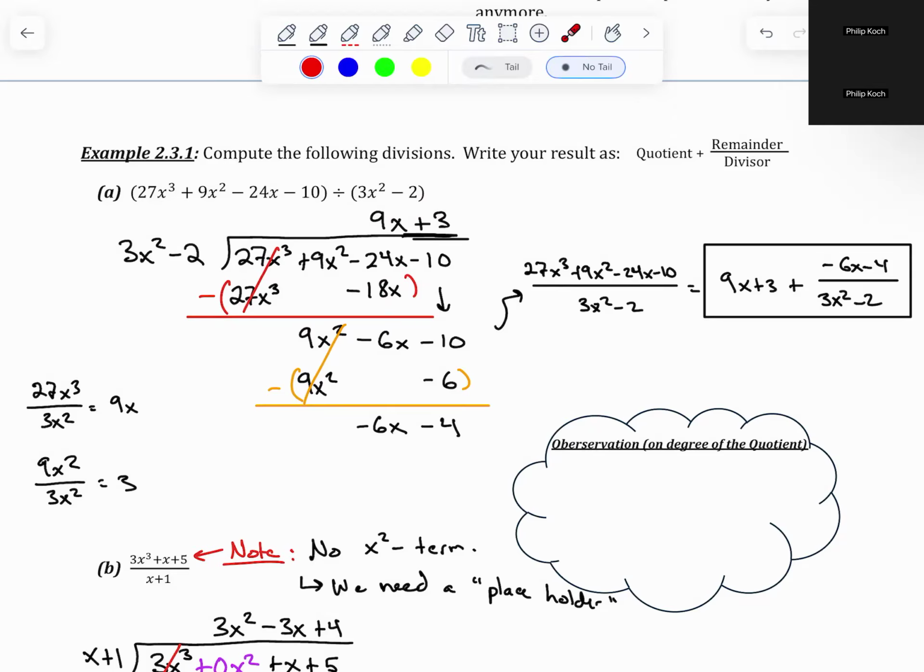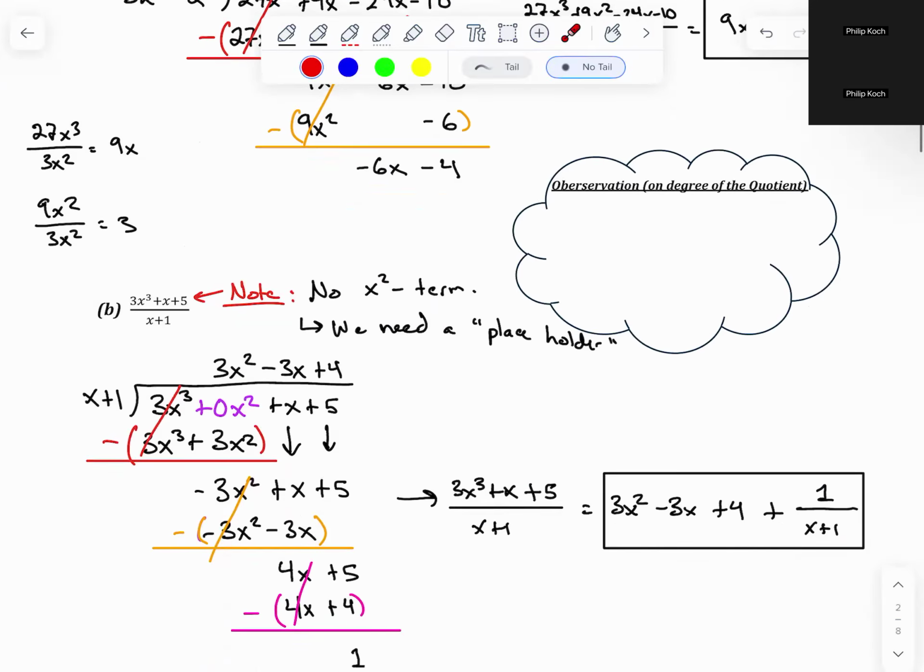Okay. So the observation is to notice the degree of the quotient. This will play a role when we talk about synthetic division in a moment. Notice in part A, the dividend, the thing that's getting divided, is degree 3, and the divisor, the 3x squared minus 2, is degree 2, and the quotient is degree 1. 3 minus 2 equals 1. In part B, the dividend is degree 3, the divisor is degree 1, the quotient is degree 2. 3 minus 1 is equal to 2.